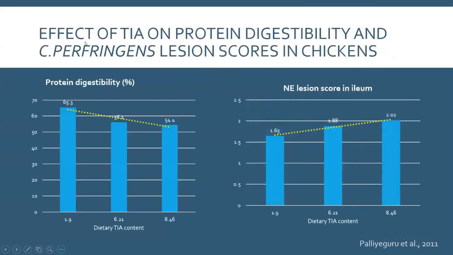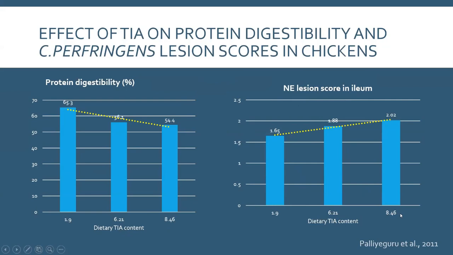And also, trypsin inhibitor affects protein digestibility and lesion scores in chickens. You can see here, as we go higher with the trypsin inhibitor content of the feed from 1.9 to 8.46, protein digestibility tended to decrease from 65% to 54%. And on the lesion scoring, this is necrotic enteritis lesion scores in the ileum.